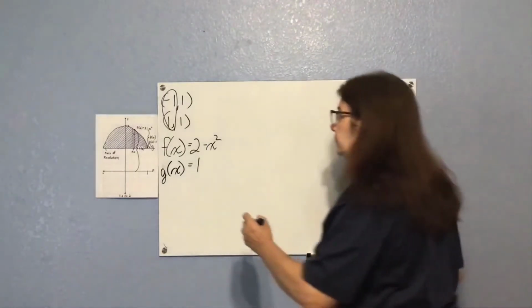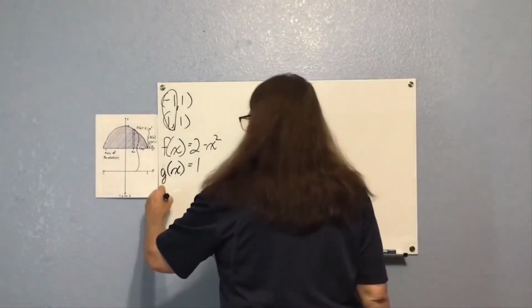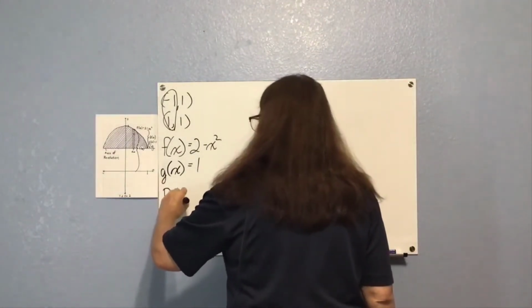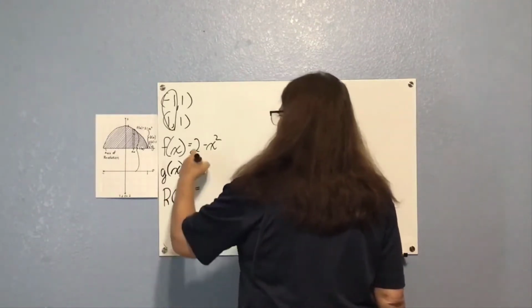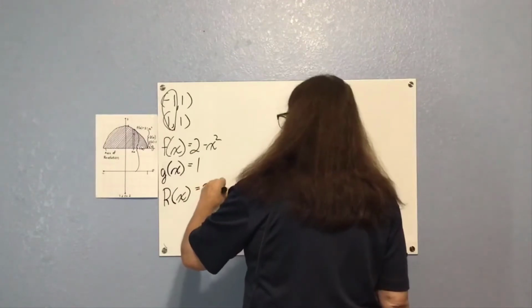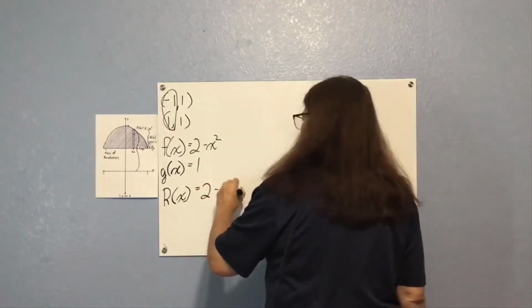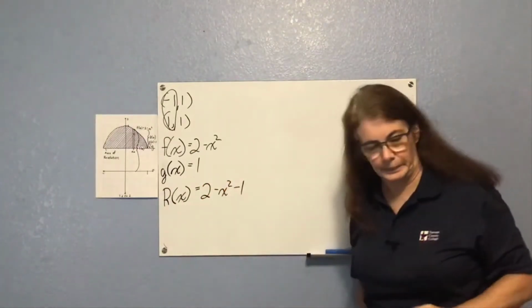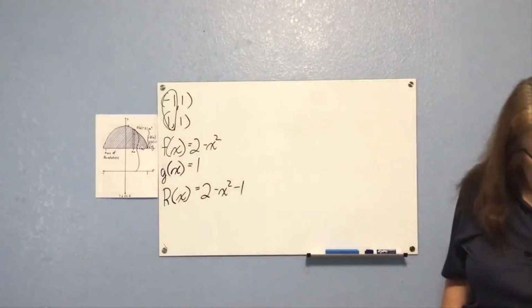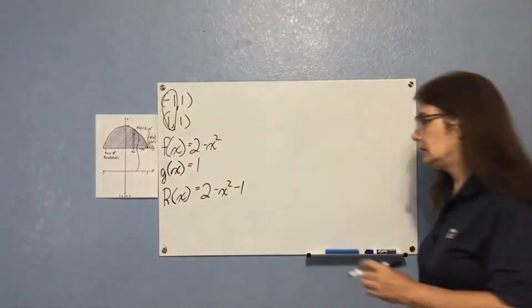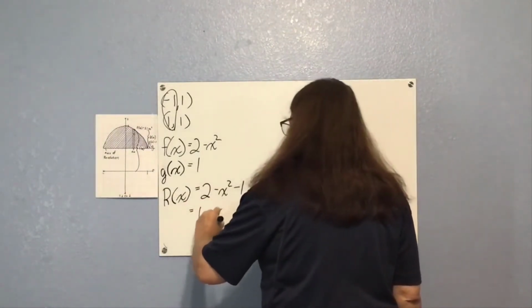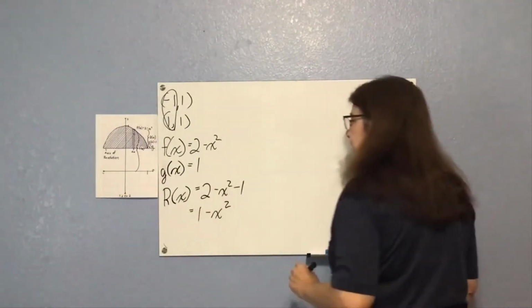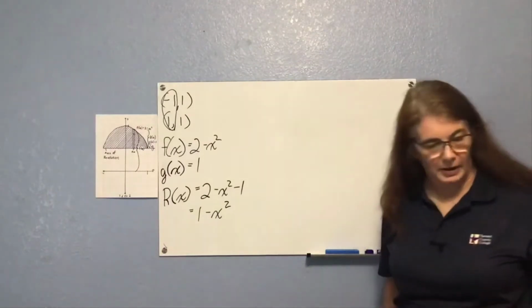So then our radius, our r of x, is going to be 2 minus x squared minus 1, which of course is 1 minus x squared. So that's what we'll be using for r in this problem.